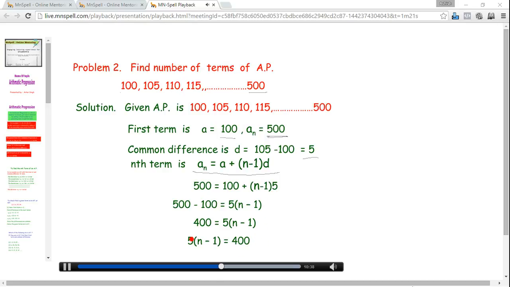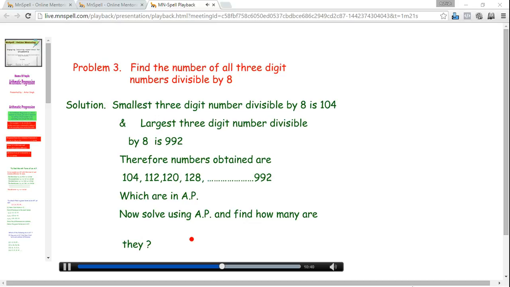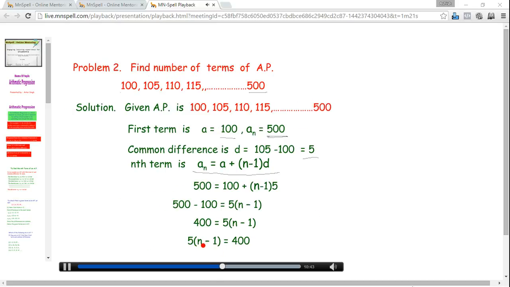If we solve this, we get n minus 1 equals 400 divided by 5, which comes out to be 80. We have to find the value of n, so it will be 80 plus 1. So in the given series, starting with 100, 105, 110 up to 500, there will be 81 terms.